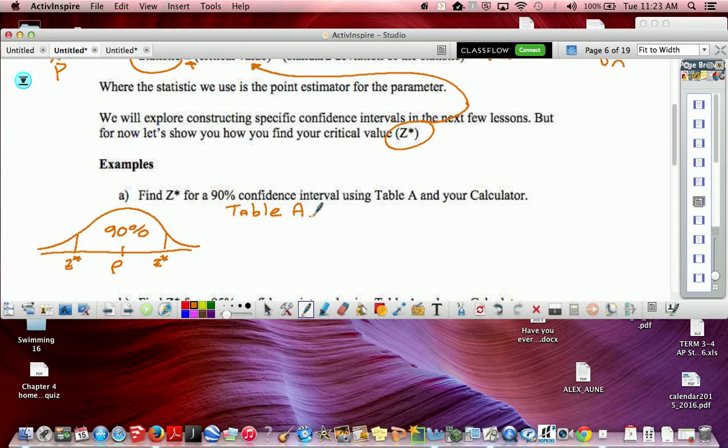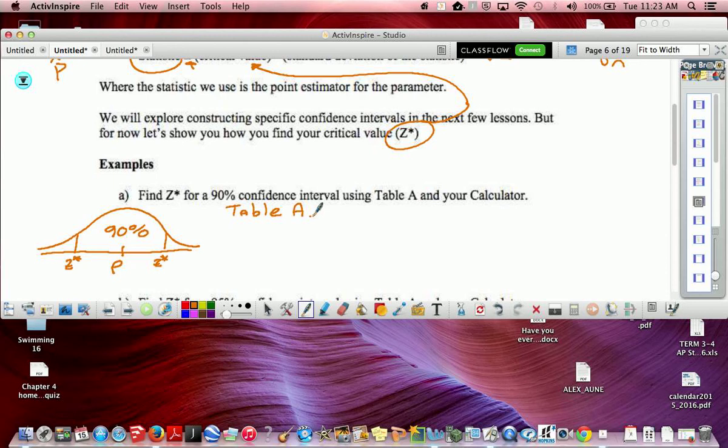So if the table A method doesn't work, it will be helpful for you to learn the calculator method. Finding this z-star is going to be part of the margin of error.